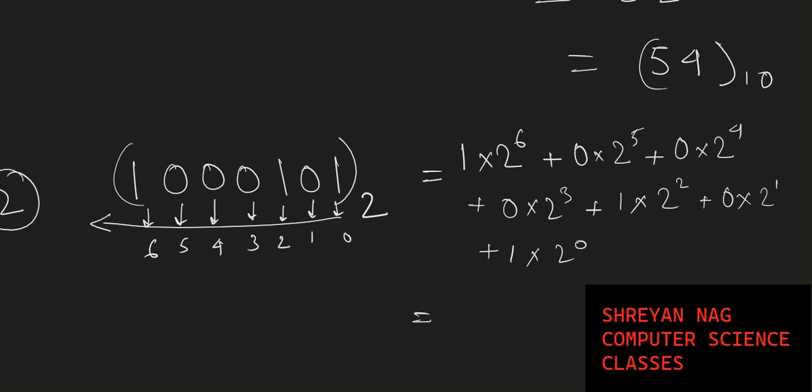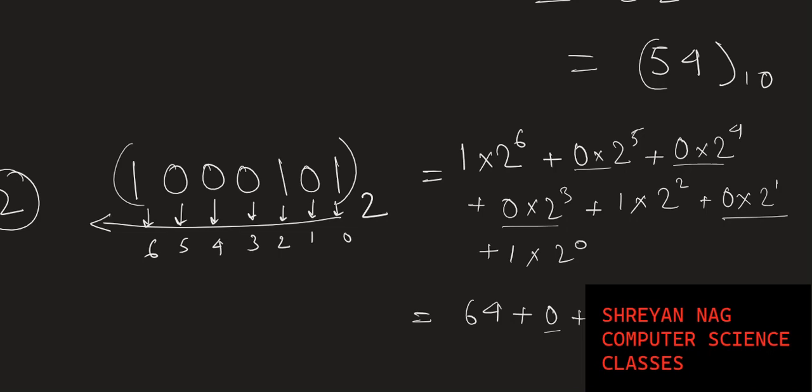2 to the power of 6 is 64. 64 times 1 is 64. These are all zeros, so anything multiplied by 0 is 0. Then 2 to the power of 2 is 4, 4 times 1 is 4. 0 into 0 is 0.